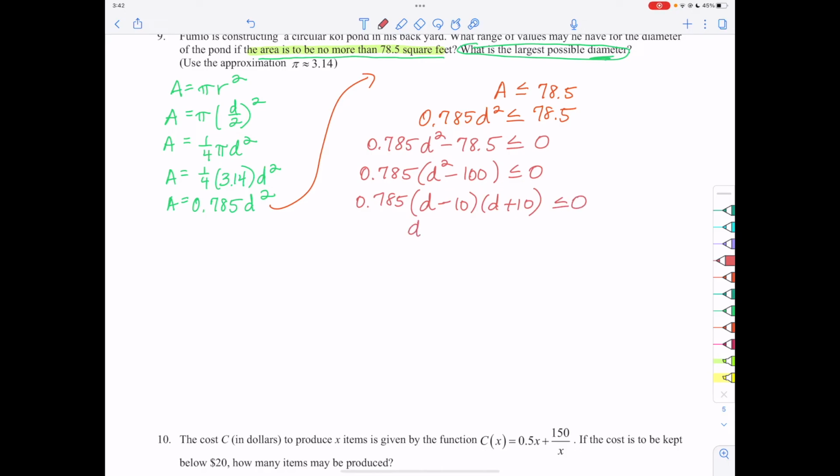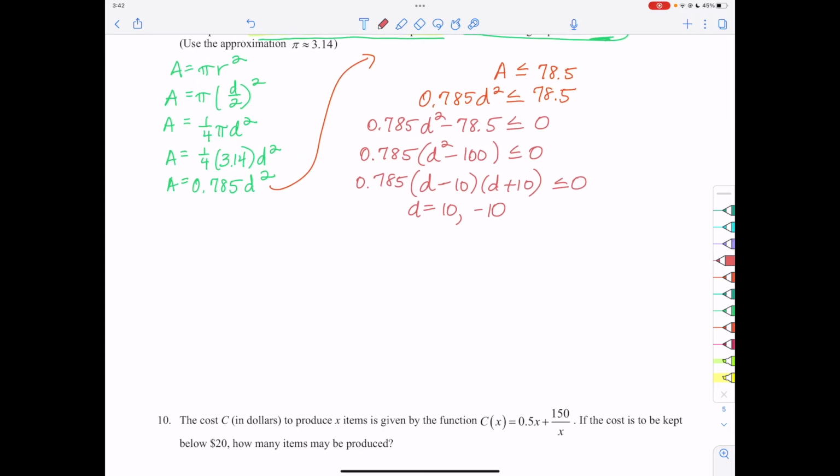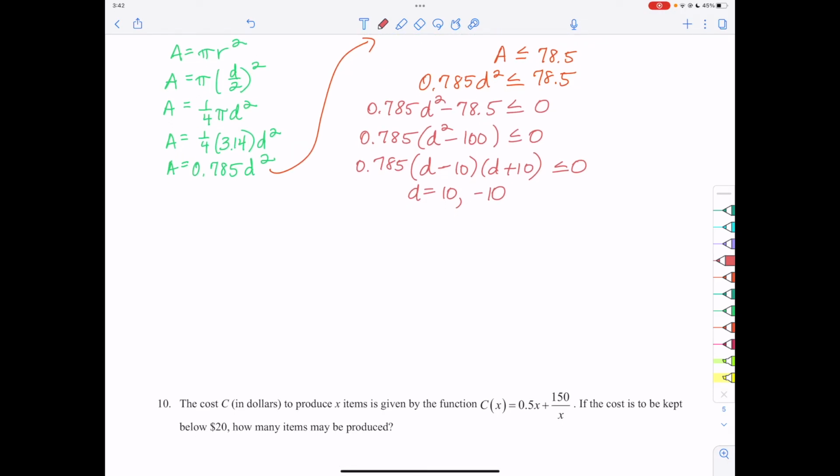So now we have d is equal to 10 or negative 10. Okay, so we cannot have a negative value for diameter. So we will not be able to include any negative values.